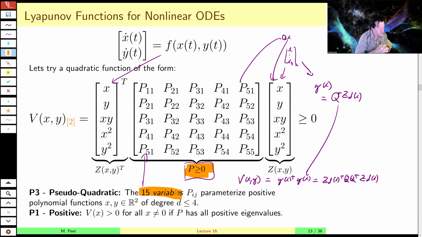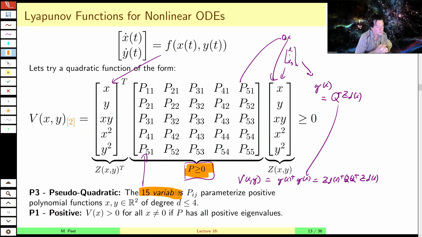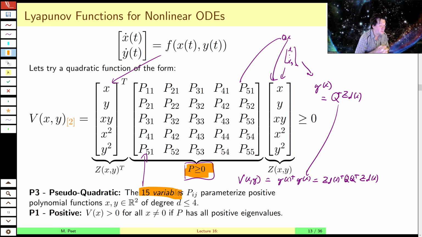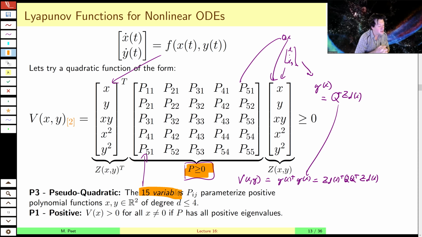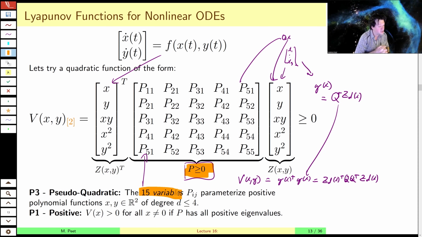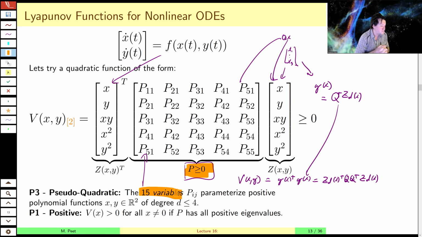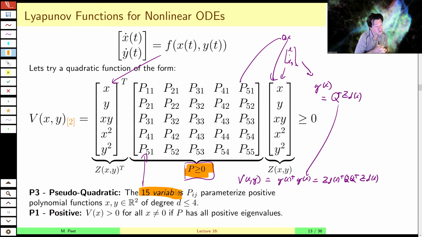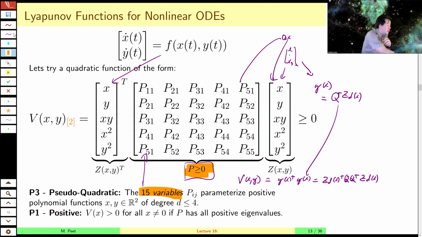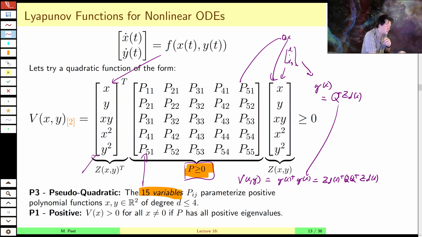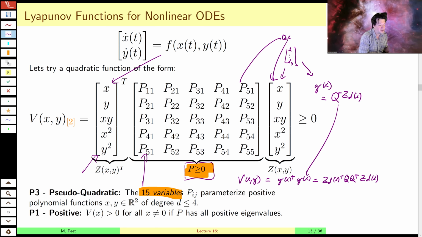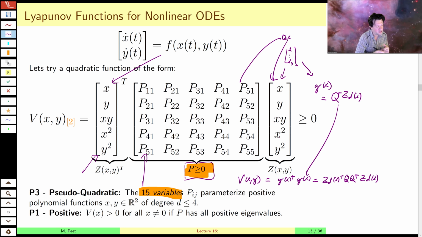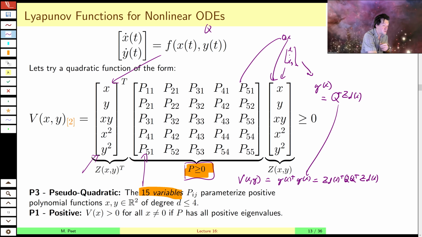Now, this makes sense. We've motivated it for Lyapunov functions, and then the question is, is it true in a broader sense? Do arbitrary polynomials have pseudo-quadratic forms? I say pseudo-quadratic because this is not linear. Quadratic would have a linear term on the left and the right, and these have nonlinear terms on the left and right. But let's call it pseudo-quadratic.